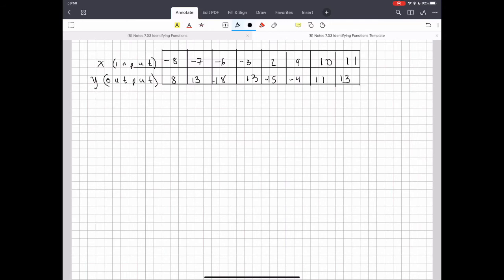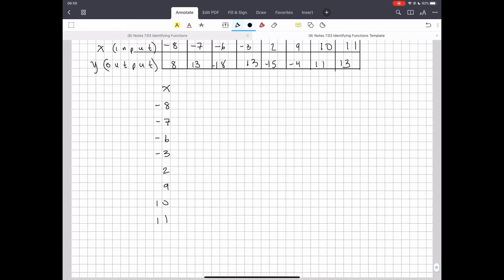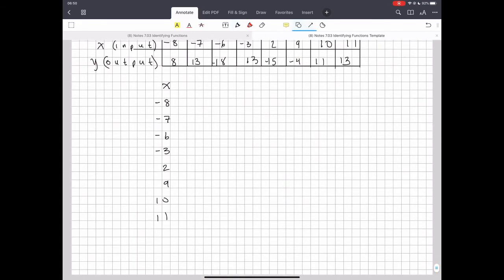So we're going to see if this set of ordered pairs is a function. And we're going to start by organizing our boxes for the mapping diagram. So in order from least to greatest, we have -8, -7, -6, -3, 2, 9, 10, and 11. And then we'll do our y values.